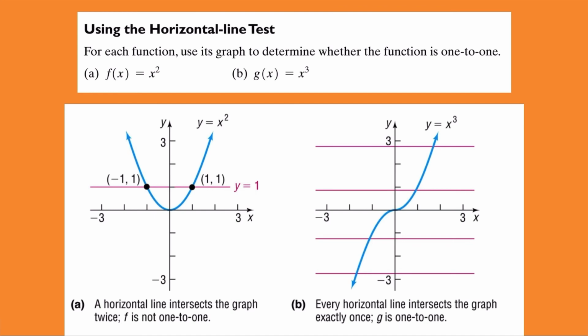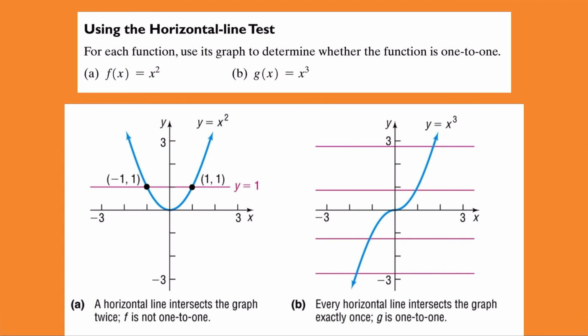For the first graph, we've drawn it, as you can see, and we've applied our horizontal line. Figure A illustrates the horizontal line test for f of x equals x squared. The horizontal line y equals 1 intersects the graph of f twice, at (1, 1) and at (-1, 1). So f is not one-to-one.